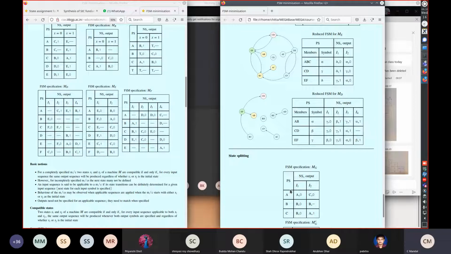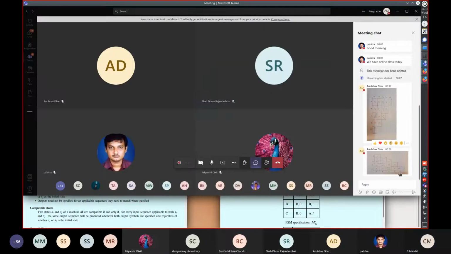Someone can post it in the chat after constructing the merger table.